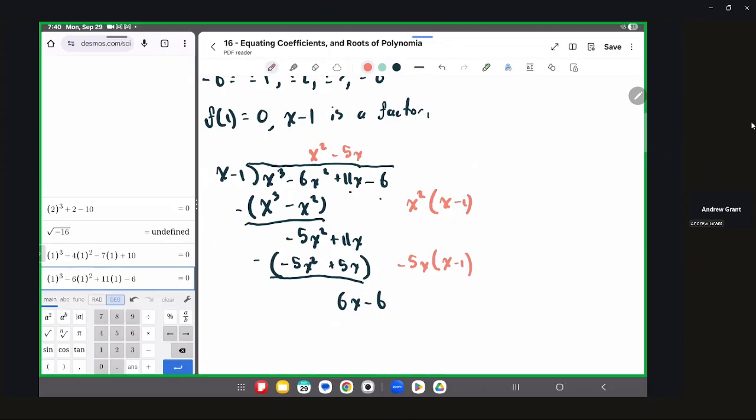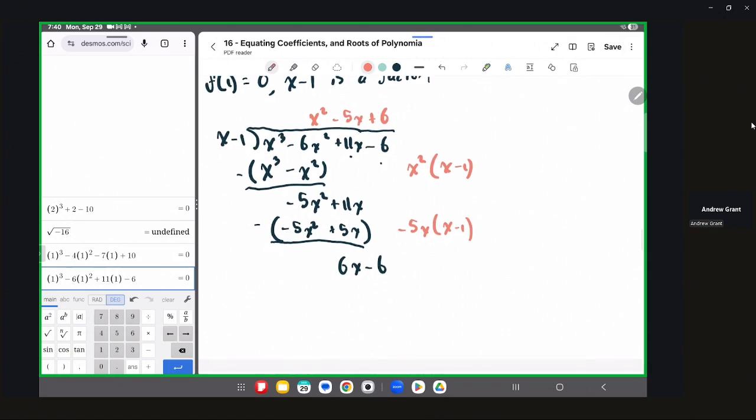Then we ask ourselves, how many times does x go into 6x? It goes in 6 times. So on this line, I can write 6 multiplied by x minus 1. And so that's going to give us 6x minus 6, which is a remainder of 0.